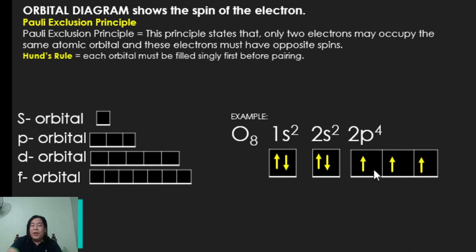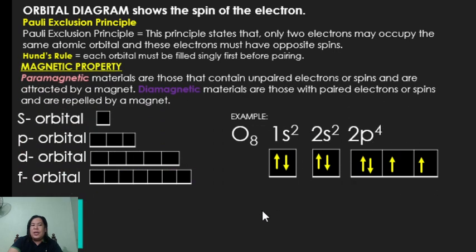We need 4. 1, 2, 3 before pairing. You cannot pair the electrons first. You have to distribute them all the way to the end of the orbitals before you pair. That is the most important rule in filling the atomic orbital of each element. You need to follow Hund's rule.